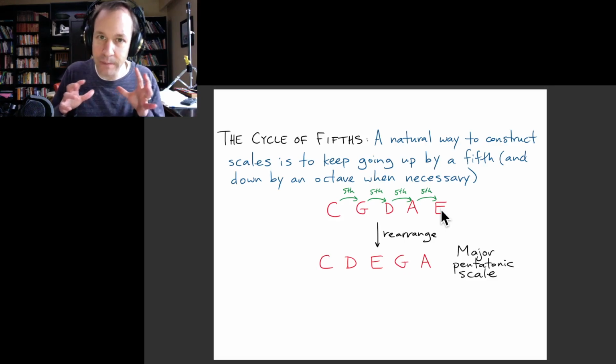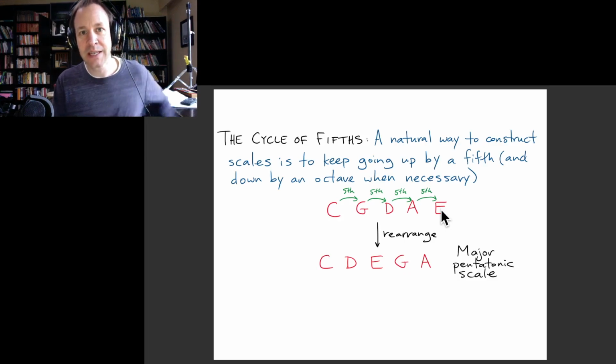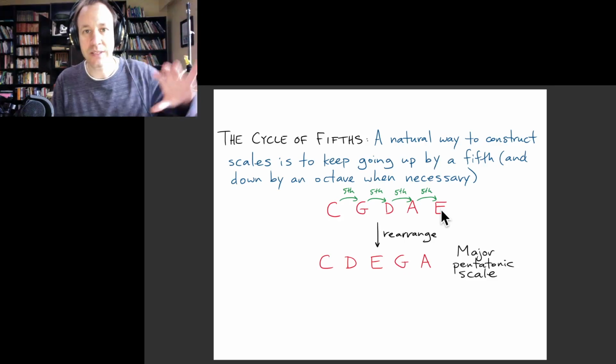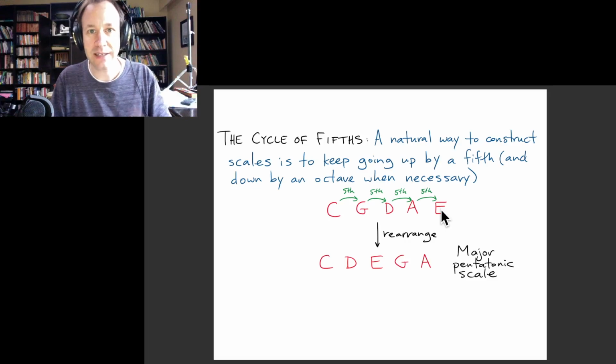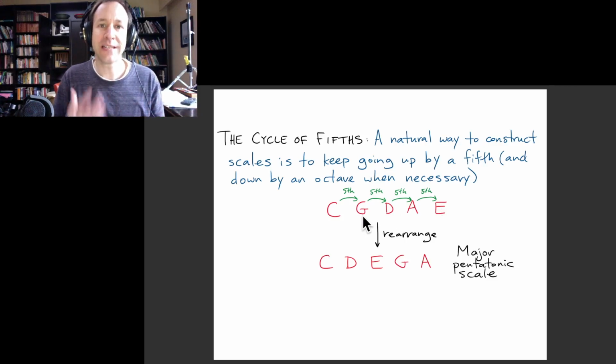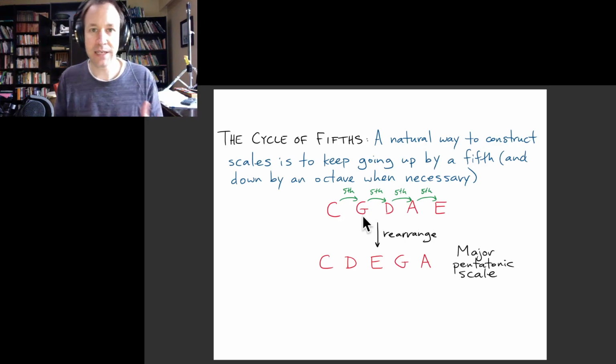This is one of the most prevalent scales in all of music, not just Western music, but in various Chinese pieces and Indian music. This particular pentatonic scale comes up all of the time. And you can see that mathematically it's a very natural thing, because it just comes from taking notes that are separated by a fifth.